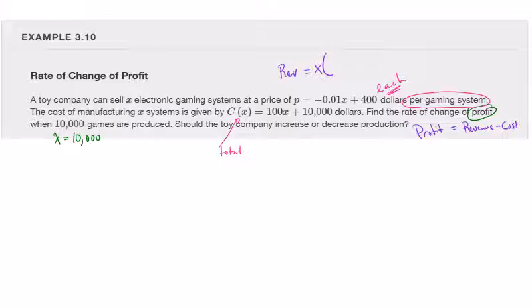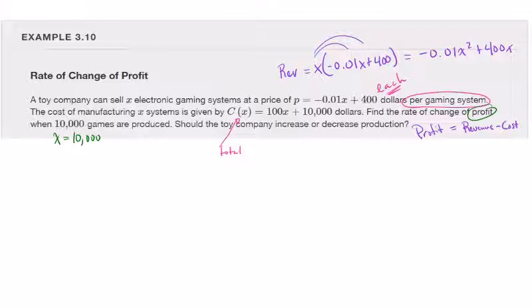So we'll multiply X times negative 0.01X plus 400. If we sell this many at this price, then this will be our revenue, right? So if we distribute that, we'll get negative 0.01X squared plus 400X. Okay, so that's our revenue.